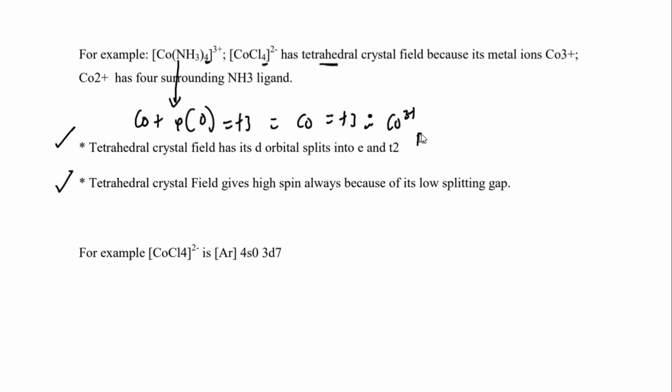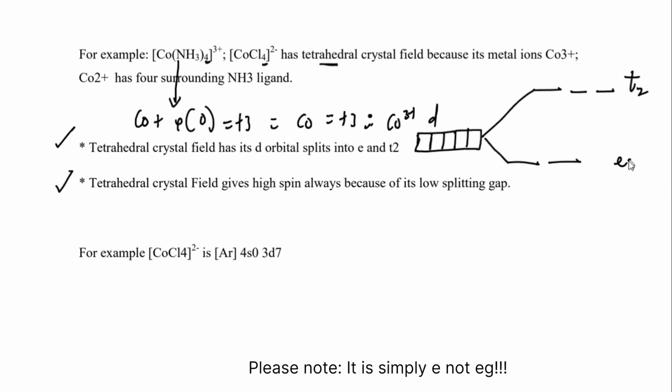Basically, for a free transition atom, all their d orbitals are degenerate, right? But when they are coordinated to ligands, they become split. So we have E and T2. So this is T2 and this is E, right?